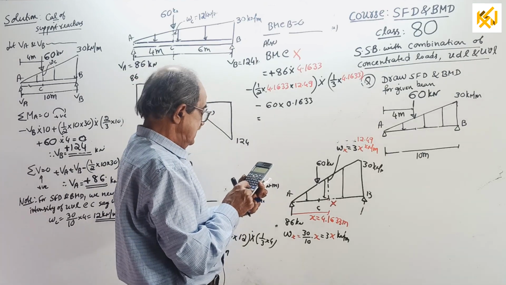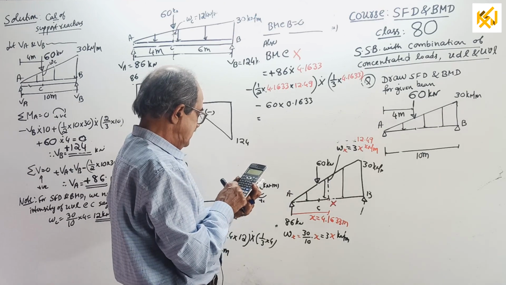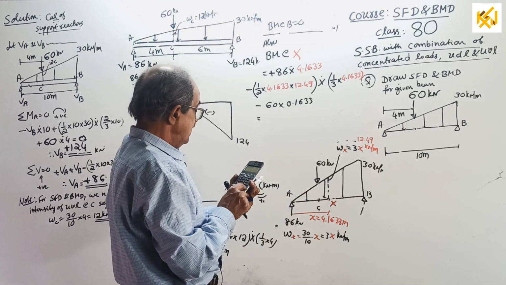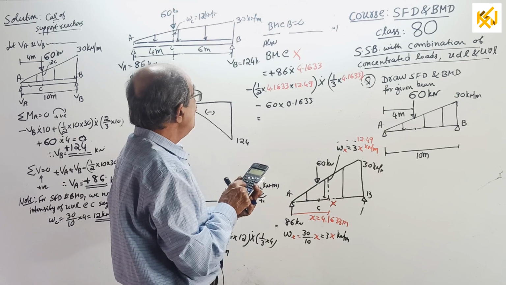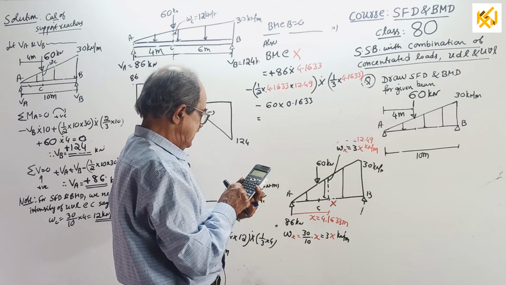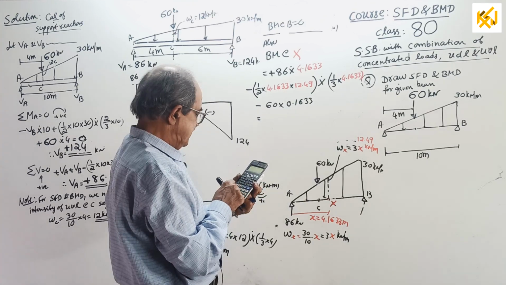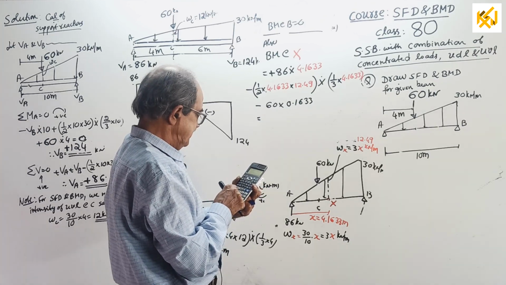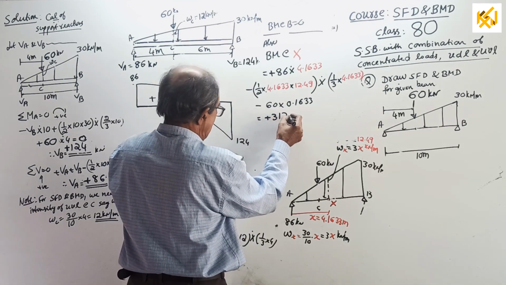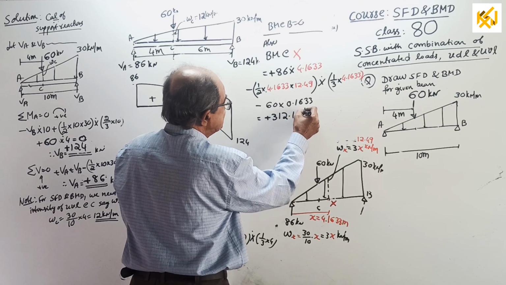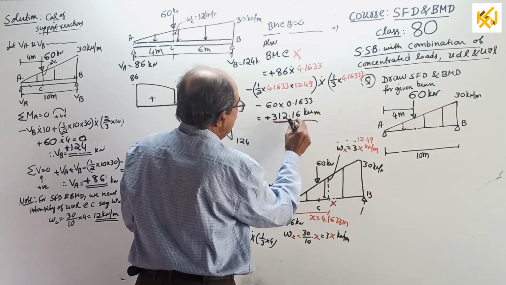The answer will come: 86 into 4.1633 minus half into 4.1633 into 12.49 into 4.1633 divided by 3 minus 60 into 0.1633 equal to plus 312.16 kilonewton meter. Let it be in red color. Okay, this is the maximum bending moment.